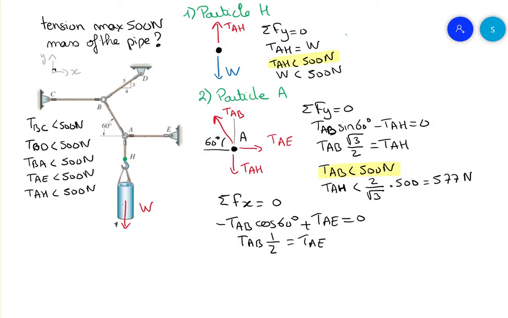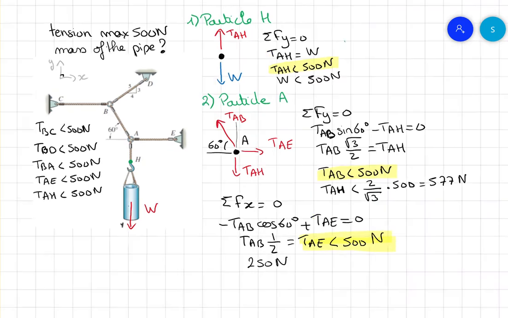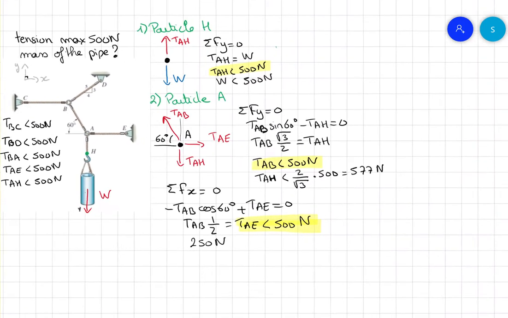So if TAB is less than 500 Newton, TAE is 250 Newton. So we absolutely need TAE less than 500 Newton. Okay. We will plug everything in after to go back.